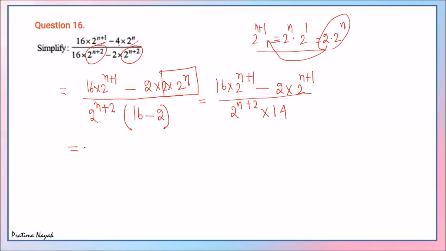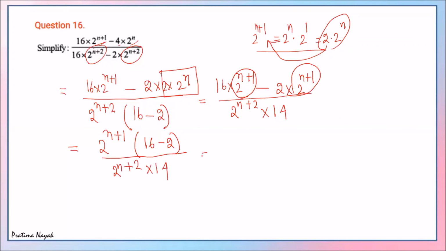Now see the numerator. There also I am getting a 2 to the power n plus 1 factor. So 2 to the power n plus 1 I can take common. First 16 will remain, second 2 will remain. And 2 to the power n plus 2 into 14.